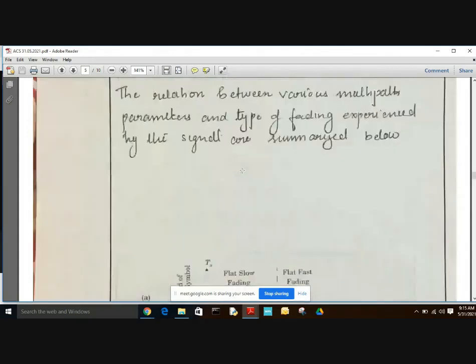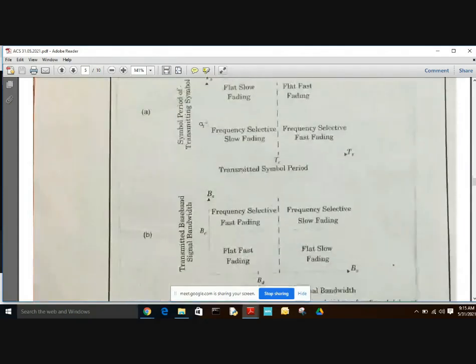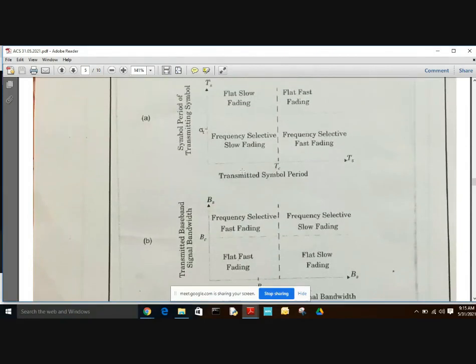So this is about the fading types based on multipath time delay and Doppler spread. If Ts is greater than tau-c, we have flat fading, and if Ts is less than tau-c, we have frequency selective fading. If Bs is greater than Bc, we have frequency selective fading, and if Bs is less than Bc, we have flat fading.